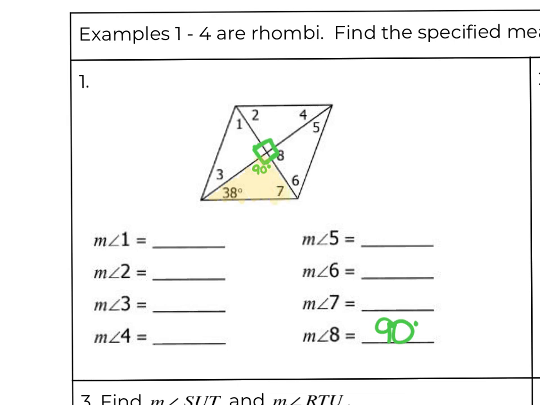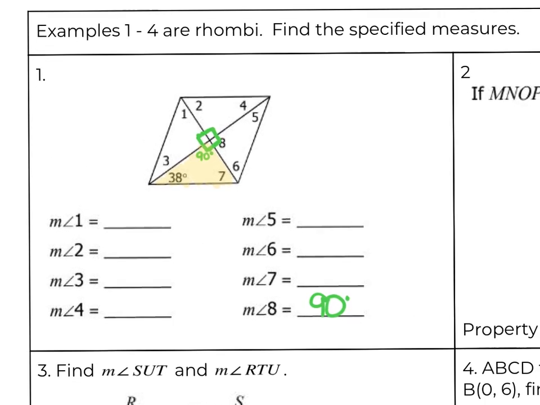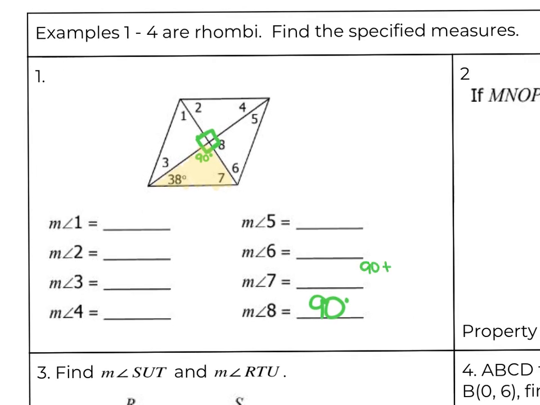In this triangle I already have 2 of the angles, 90 and 38, so to find angle 7, I can do 90 plus 38, that was 128, and then take that from 180. 180 minus 128 gives you 52. So angle 7 is 52.